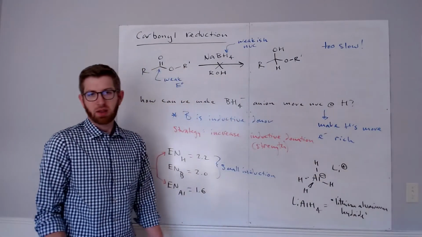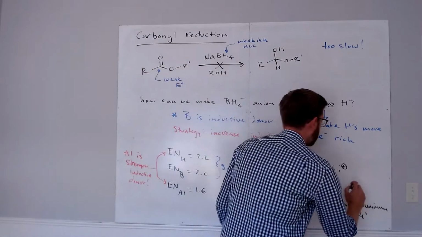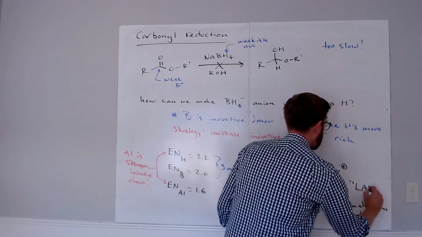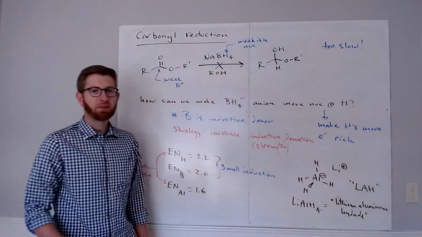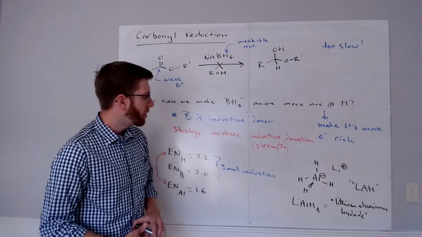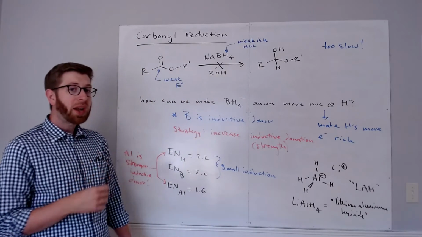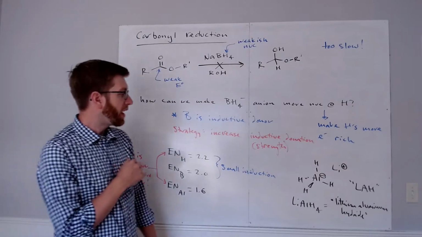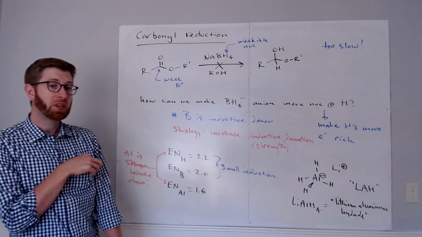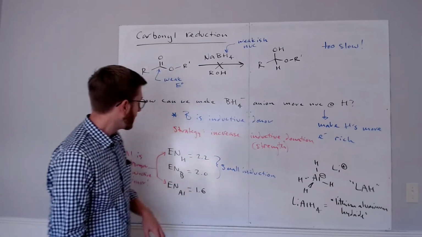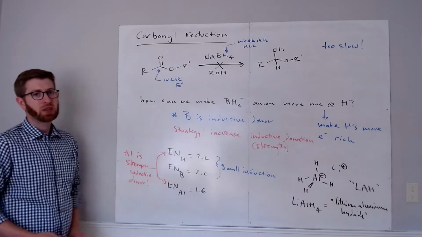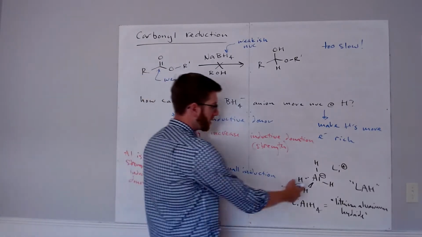That would be the name you would use, and then we can also abbreviate this LAH. So this reagent, LAH, lithium aluminum hydride, is quite a bit more nucleophilic at hydrogen than was the case for BH4-. And it's because of this design principle of adjusting the inductive capacity of this central atom here.